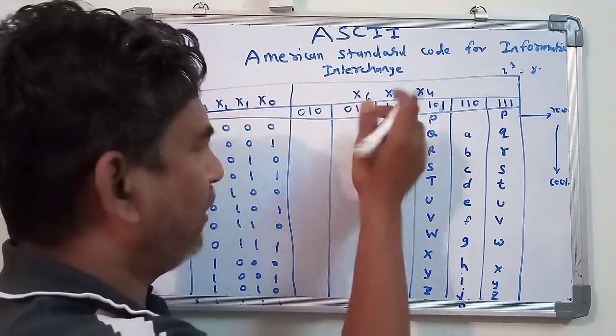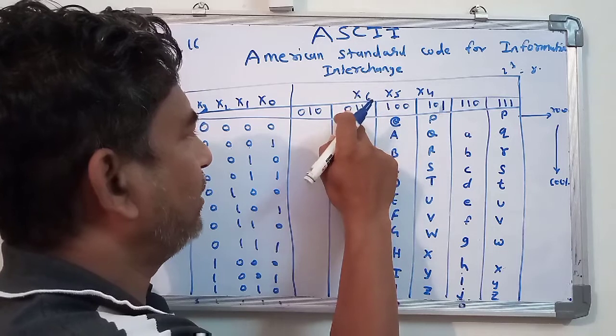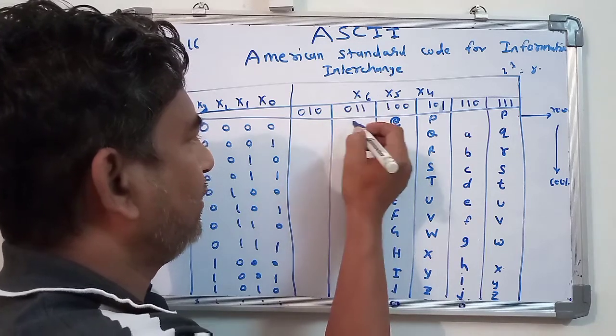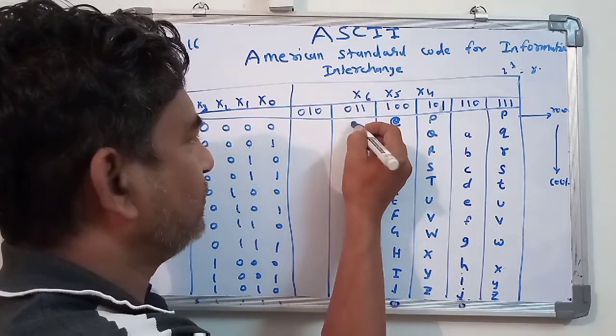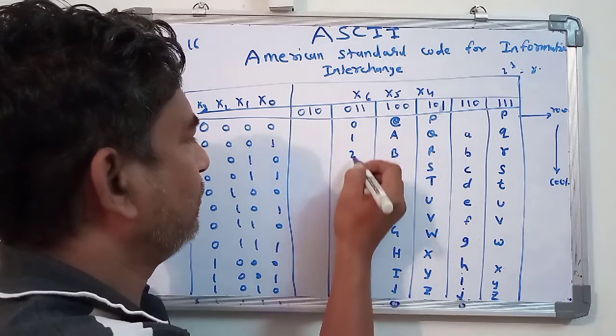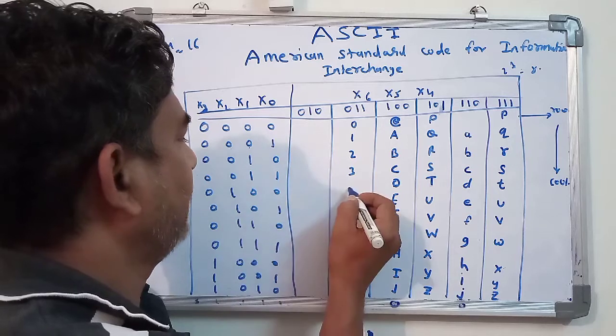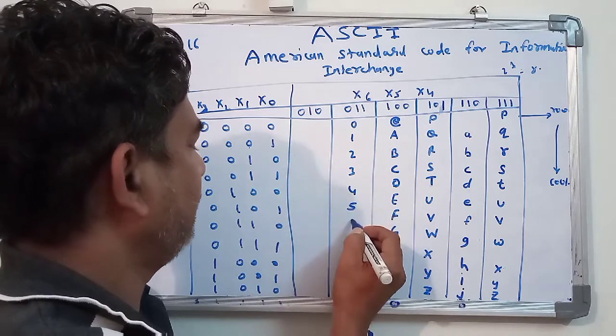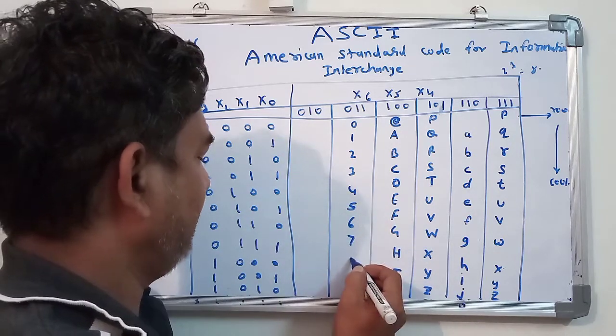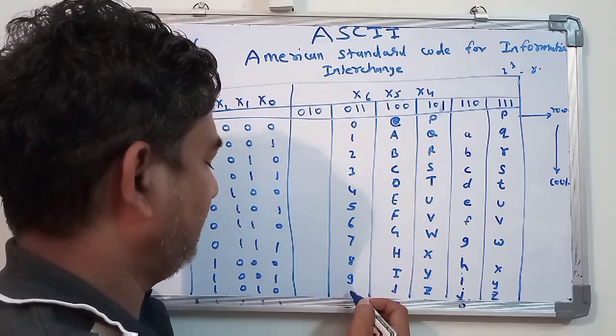Here in this two column you have to write down the third number, 011. You have to write down the numbers 0, 1, 2, 3, 4, 5, 6, 7, 8, 9.